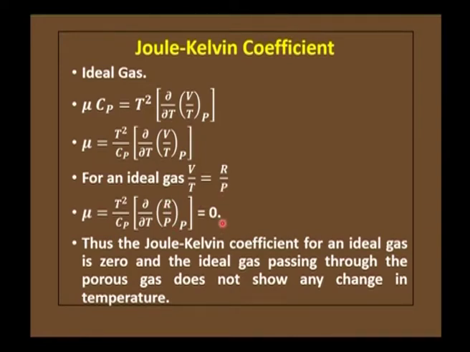Thus, the Joule Kelvin coefficient for an ideal gas is 0, and the ideal gas passing through the porous plug does not show any change in temperature.